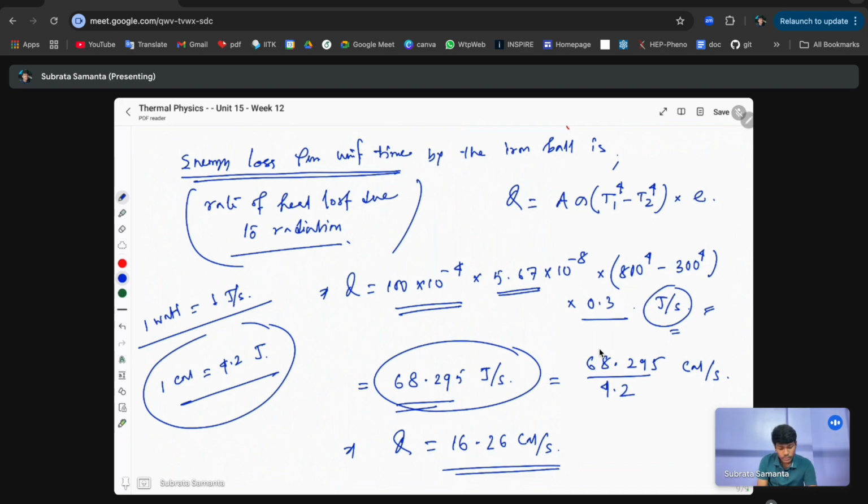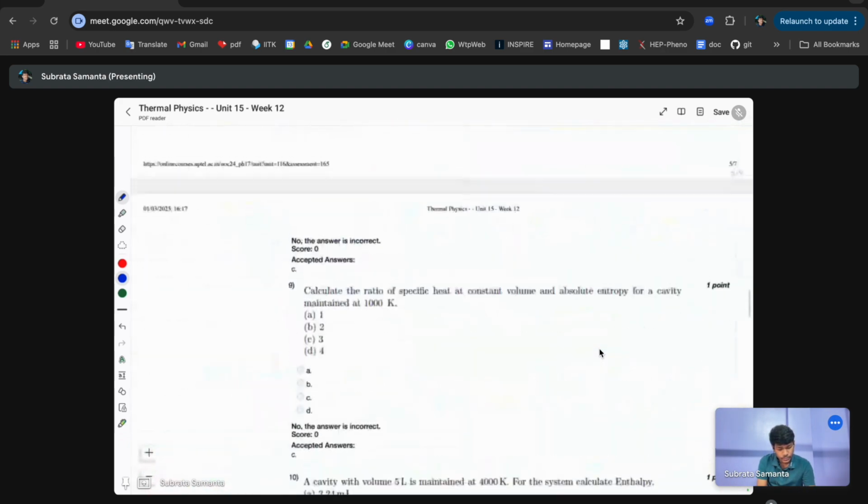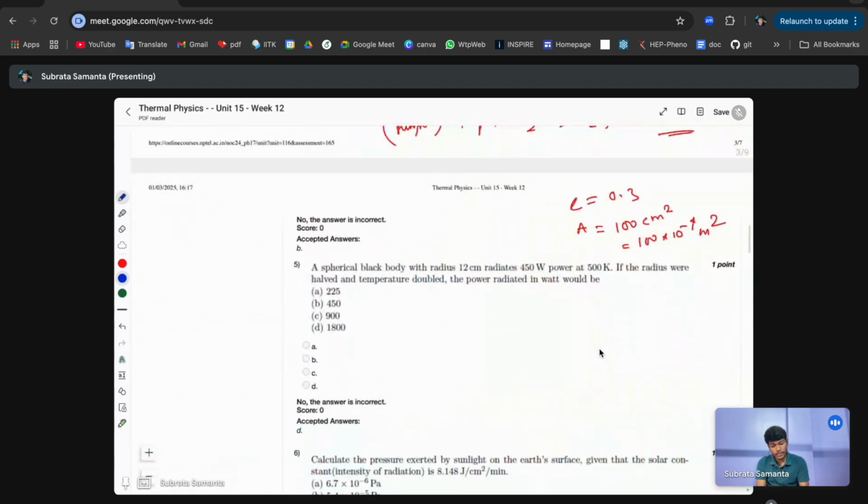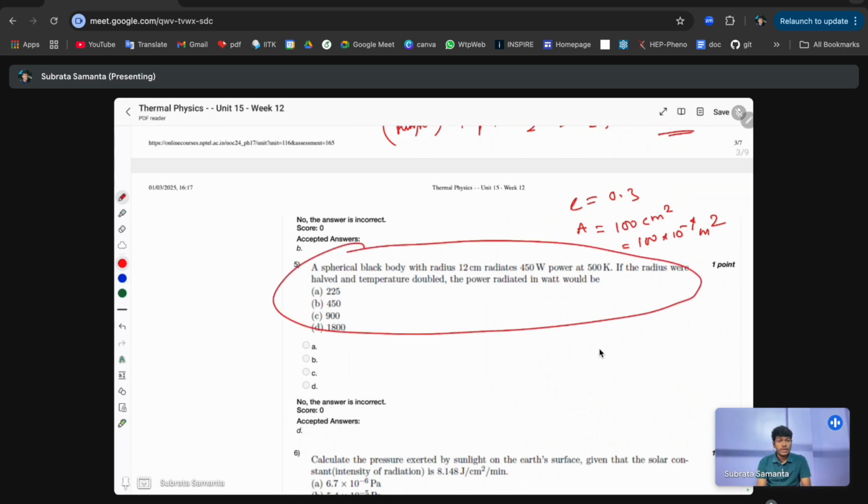Then I'll move to the next one. In the next problem, problem number 5: a spherical black body with radius 12 centimeter radiates 450 watt power at 500 Kelvin.